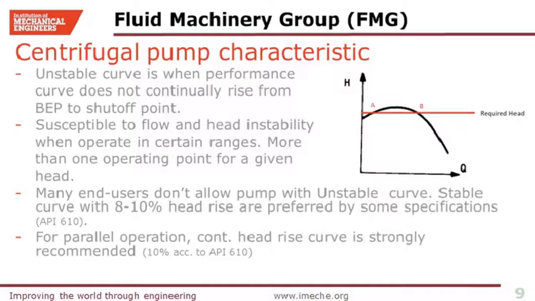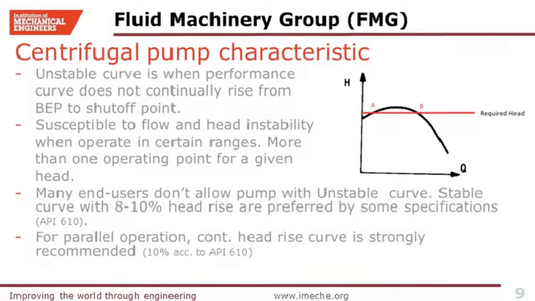Here you can see a typical unstable curve. An unstable pump curve is a performance curve that does not continually rise when you're moving from the best efficiency point back to shut-off. In fact, the curve reaches a high point before reaching the zero flow.